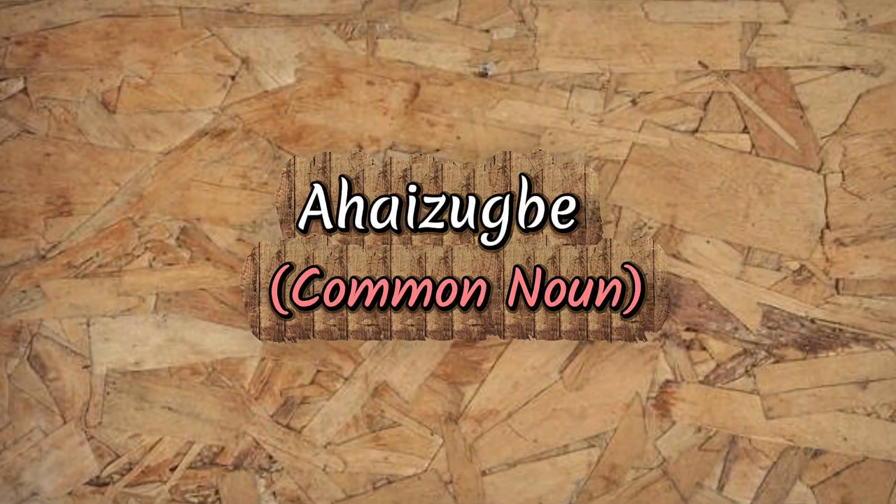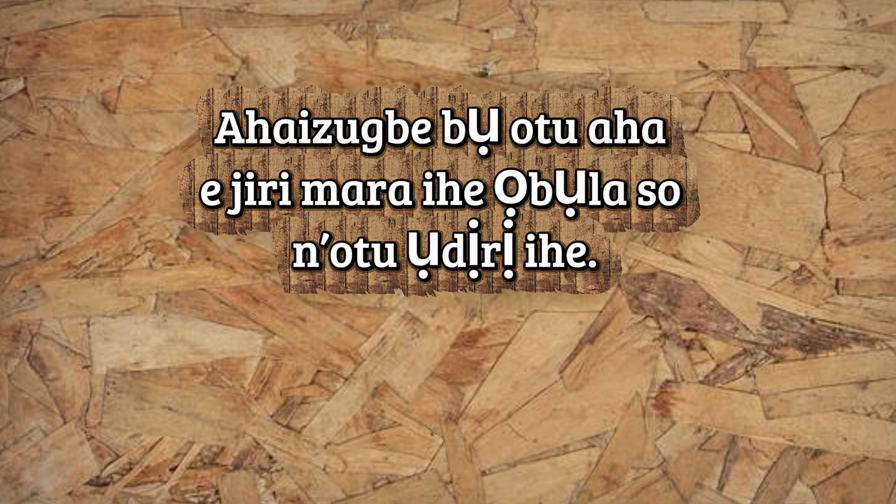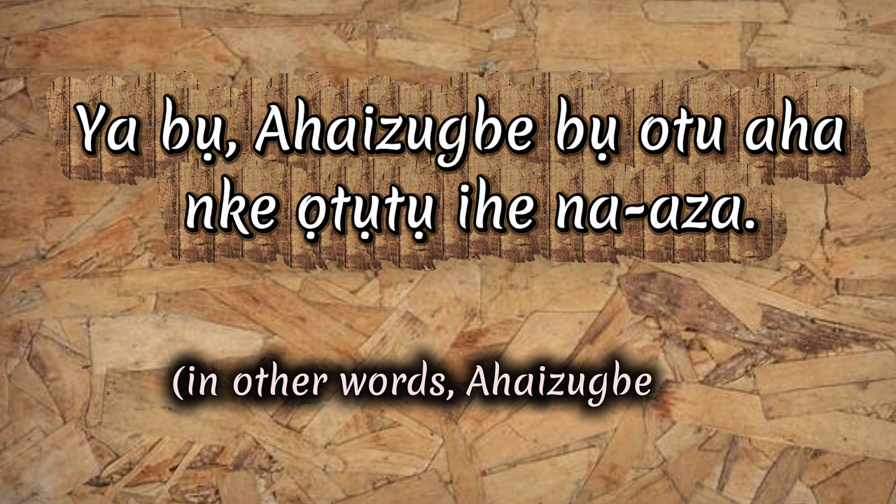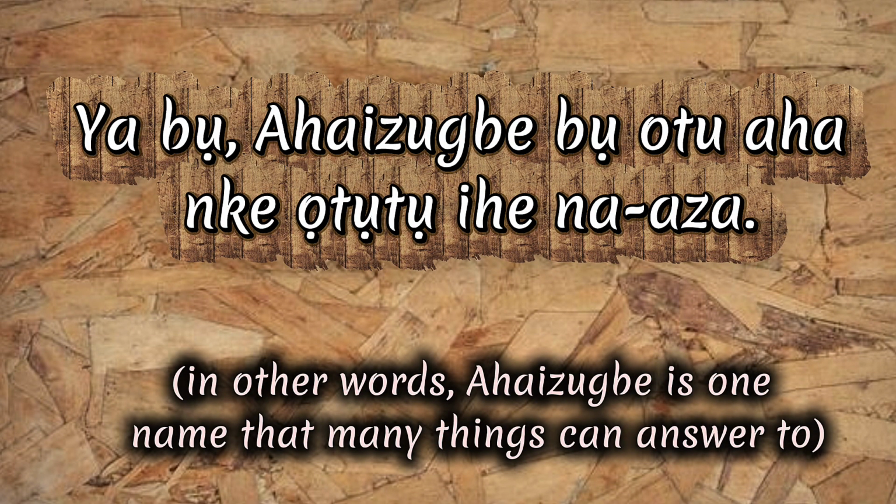The next one we look at is Ahaizugbe, common noun. Ahaizugbe bụ otu aha eji mara ihe ọbụla so n'ụdịrị ya. Ya bụ Ahaizugbe bụ otu aha ọtụtụ ihe na-aza.